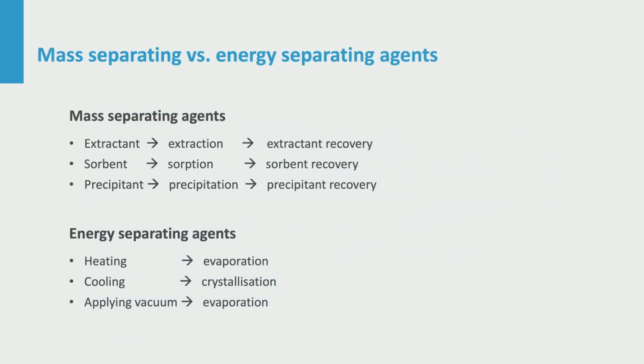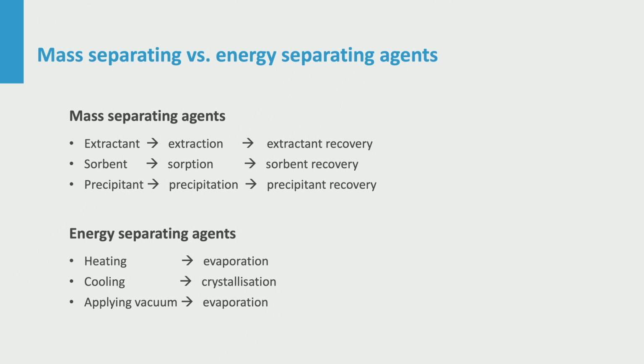In biotechnology, molecular separations often deal with an aqueous solution of product with impurities. To separate these, an auxiliary phase is used that preferably moves countercurrently. To get this second phase, you can use mass input, adding an extracting solvent, a sorbent, precipitating agent, or energy input, like heating to get vapor, cooling to get crystals.